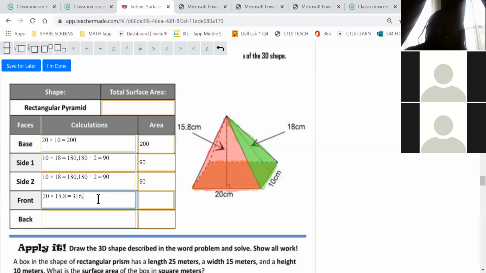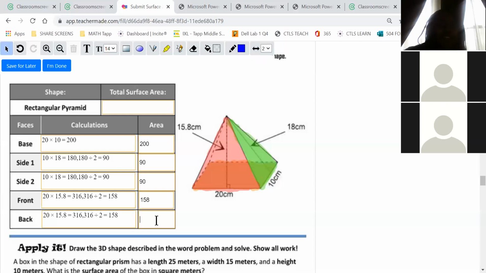It's a triangle, so now I need to divide by 2, 316 divided by 2. And that is equal to 158. So the area of this face is 158. And I know that the front is congruent to the back. So they both are 158.